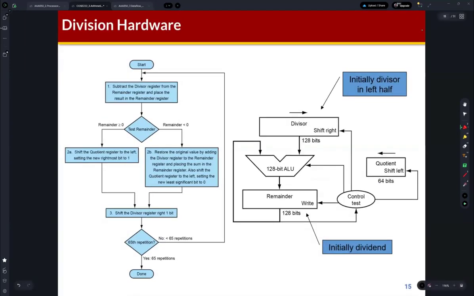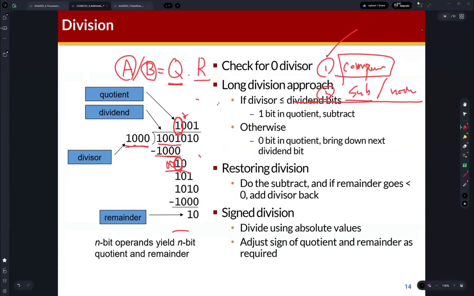But overall, the naive algorithm, the naive hardware, looks similar to a naive multiplier, right? We first check the first 4 digits and then compare the magnitude, and then we can generate the quotient.